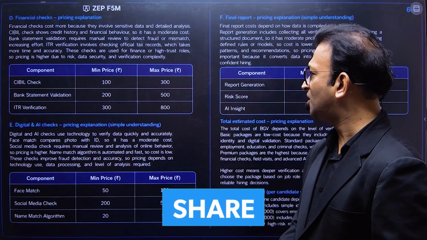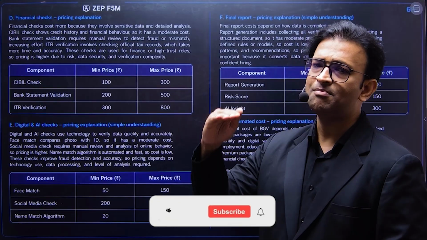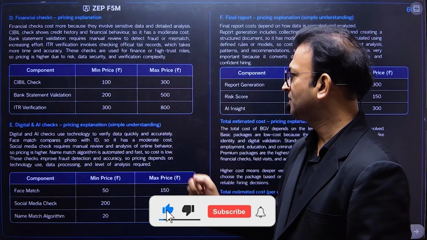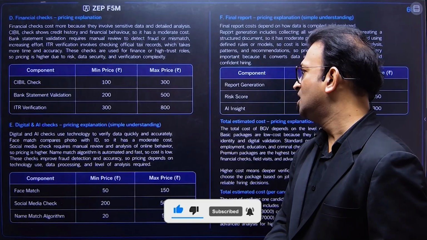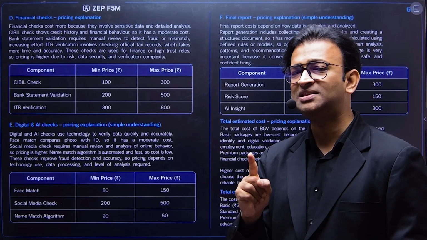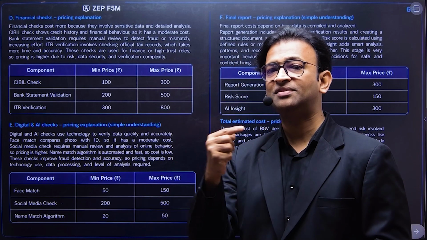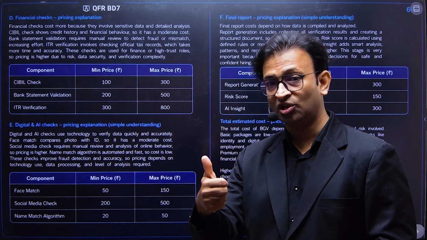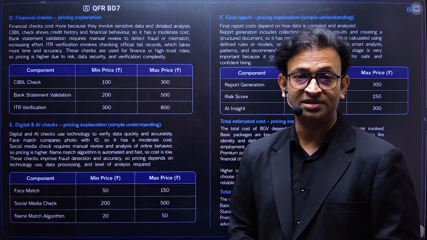Name mismatch algorithm is automated and fast, so cost is comparatively lower. These checks improve fraud detection and accuracy, so pricing actually depends on what you do and how you do it to get this information, based on technology, data, and level of the analysis that is required.